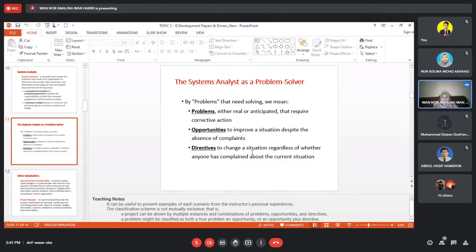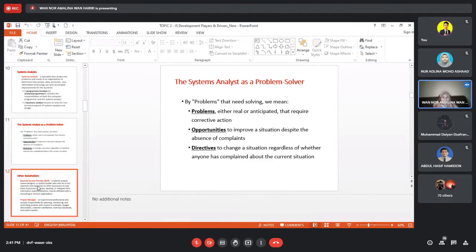This is to change a situation regardless of whether anyone has complained about the current situation, and it normally comes from the top management. The users may not have any complaints, but there are directives from the upper management to do something about the system. When there is a directive, no choice, you have to solve it, with or without complaints.